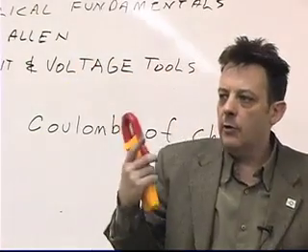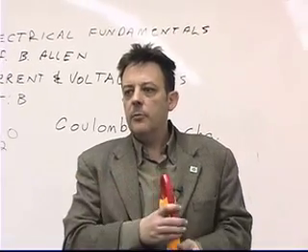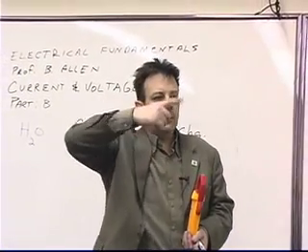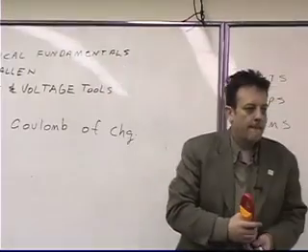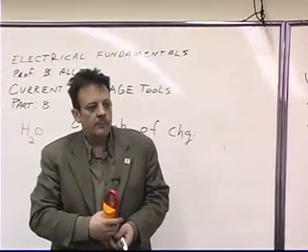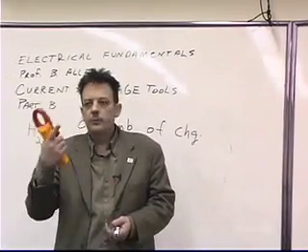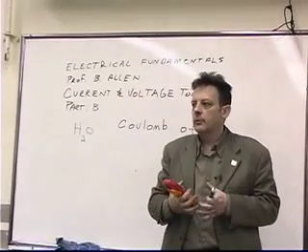Well, in every wire that's carrying current, there's something that's circling the wire. Does anybody know what that is? It's a magnetic field. There's a magnetic field that's circulating the wire. That's where the energy is stored.